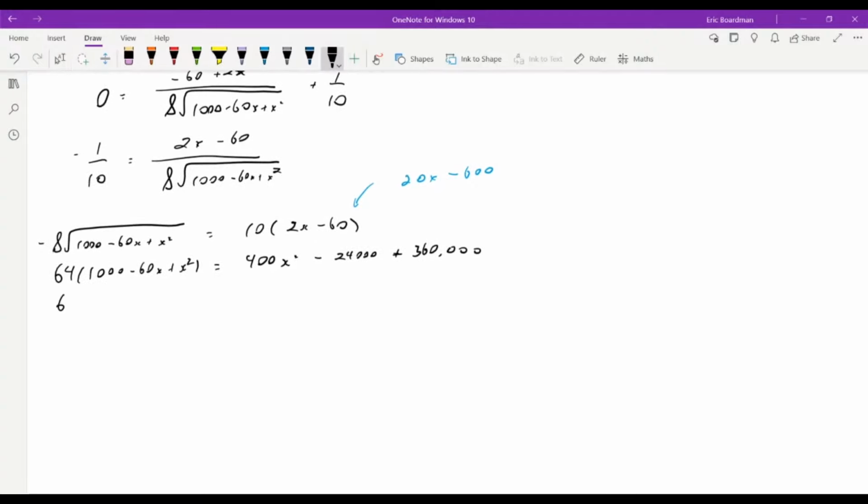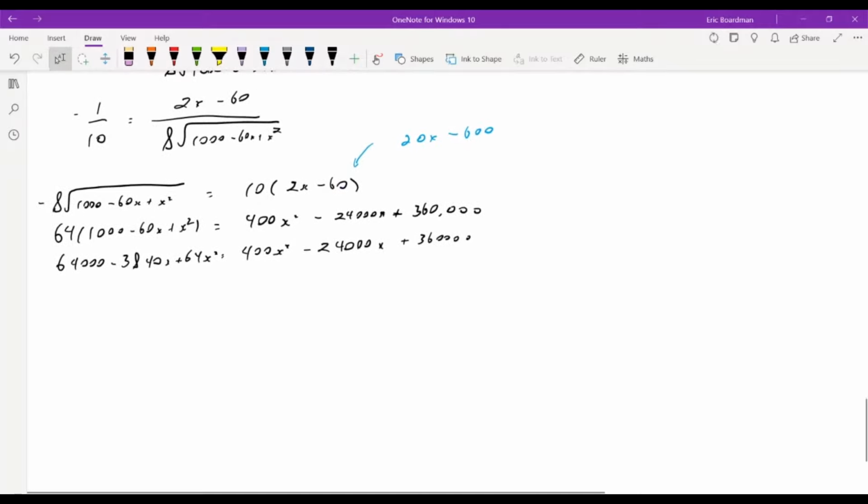This side is just 64,000. So we have 64,000 minus 64 times 60, which is 3840x plus 64x squared. That's equal to the right-hand side, which is 400x squared minus, this is meant to be an x there, minus 24,000x plus 360,000. Now I'll just move everything to one side. So I'm going to move the left side to the right-hand side.